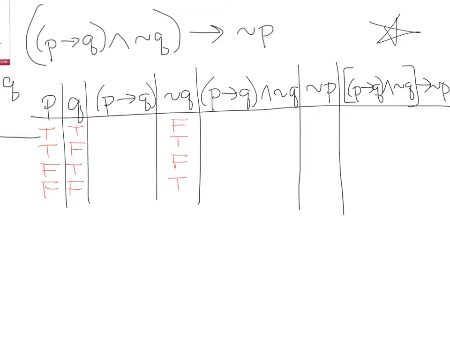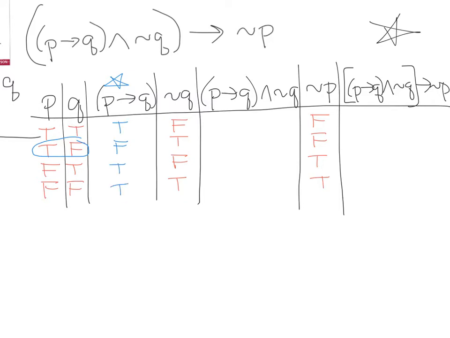And the negation of P would be false, false, true, true. Okay, then let's do our if P then Q column. Remember, the only time if P then Q is false is in the situation where you have a true first and a false second. Otherwise, you get a true.